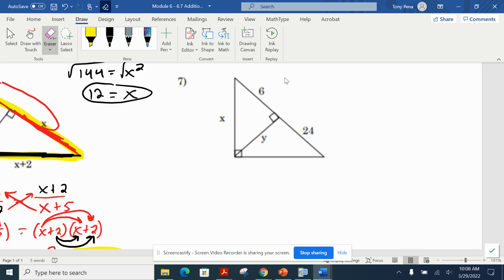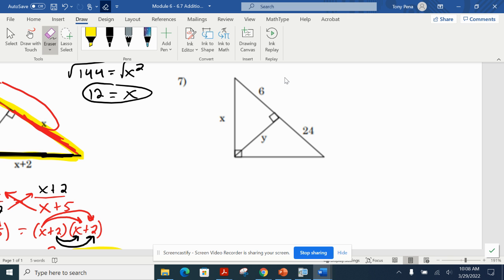Just write down 6. It's 36 and 5, right? Whenever you do the mean, it's either your altitude, 6 root 5, or the hypotenuse one is your y. So that means x is your leg, so that's got to be the mean.